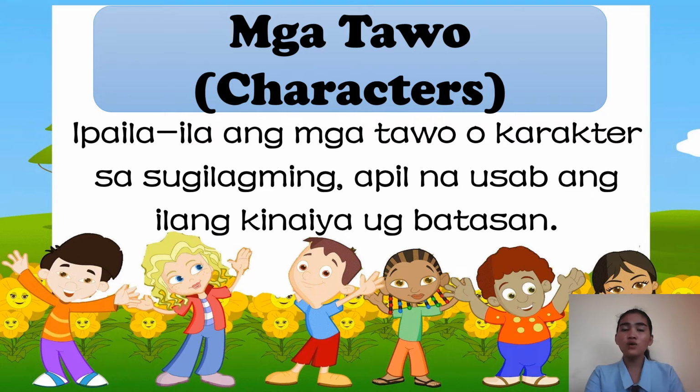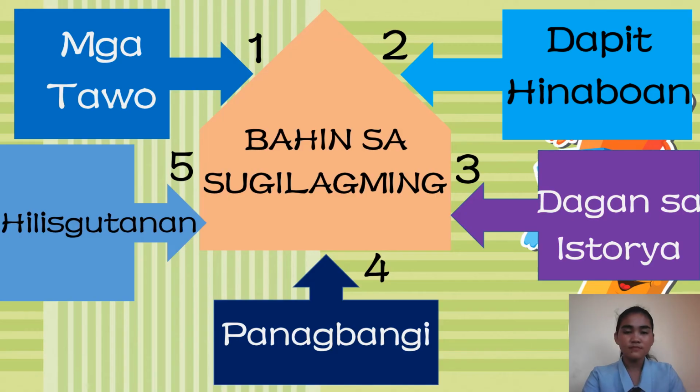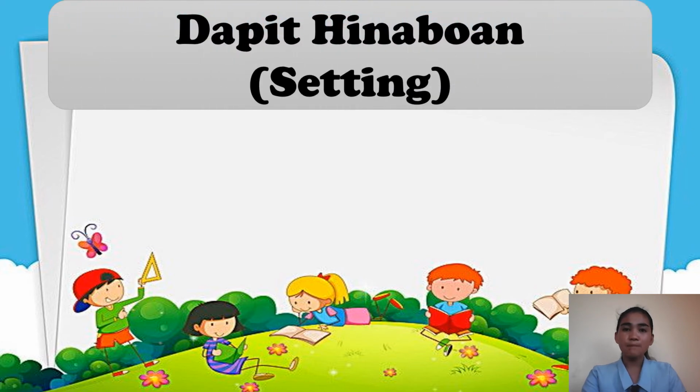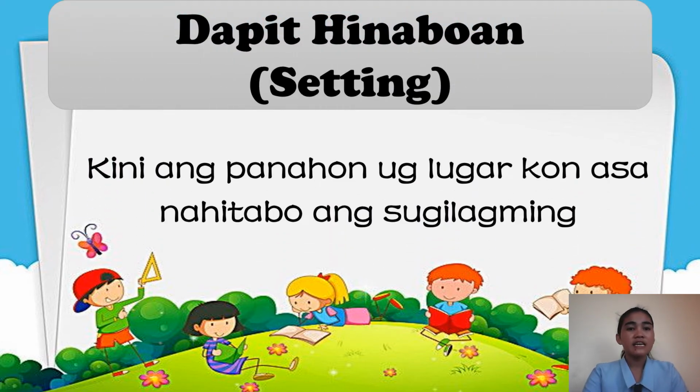Now, let's go to the second element of a story, which is dapit hinabuan or setting. Kini ang panahon ug lugar kung asa nahitabo ang sugilagming. So the setting tells where and when a story takes place.